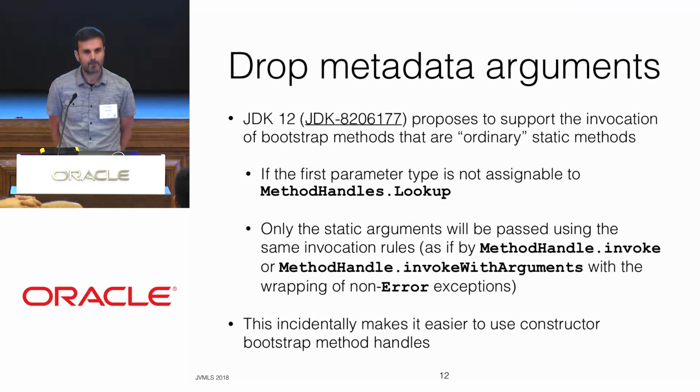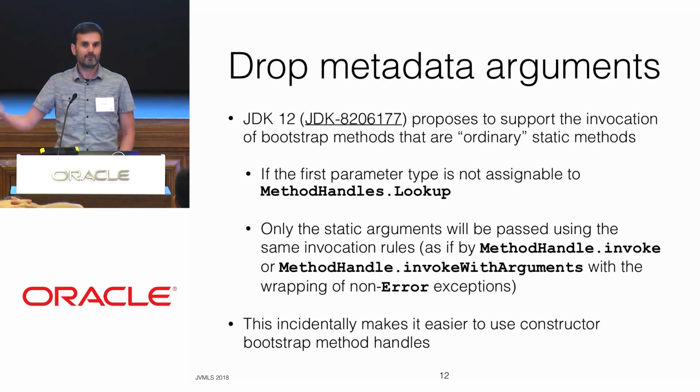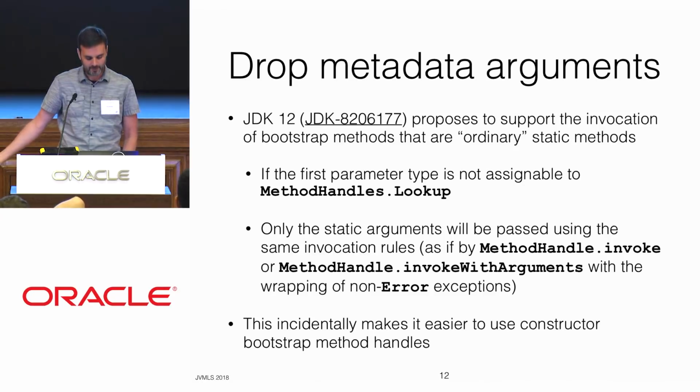So in Java 12, we have a point solution for this. It's a webrev out there on the existing stuff in the Amber repo, which allows you to say, if the first parameter of that bootstrap method is not Lookup, then invoke the bootstrap method without the lookup, name, and type. That's a very simple point fix. Other than that, it's the same types of invocation behavior.